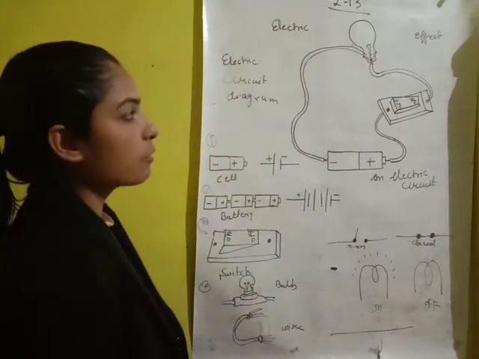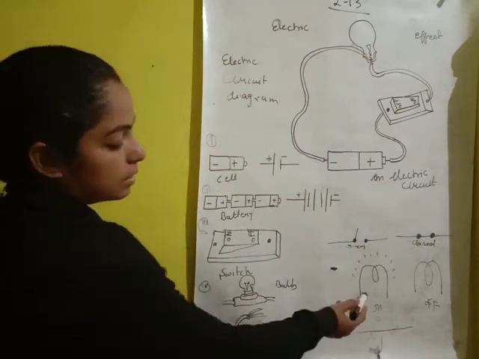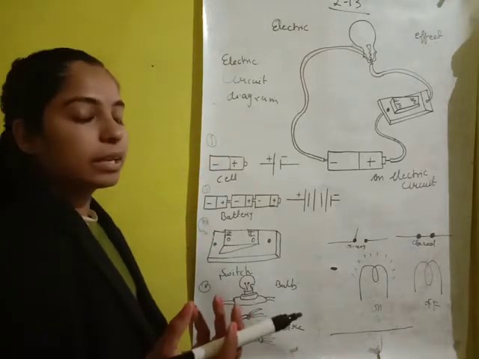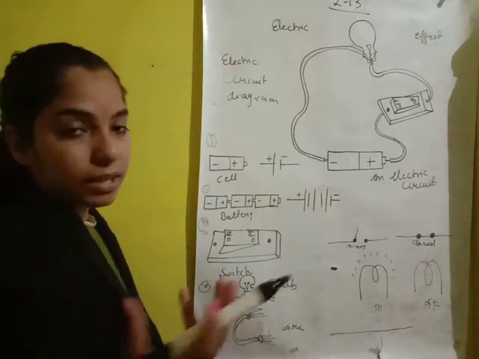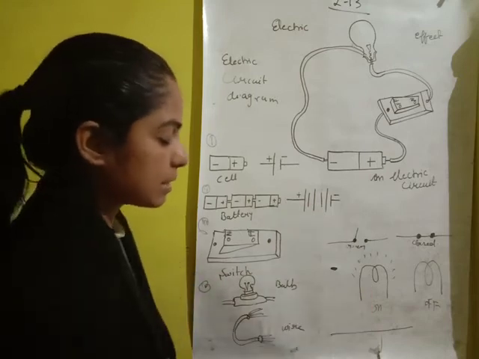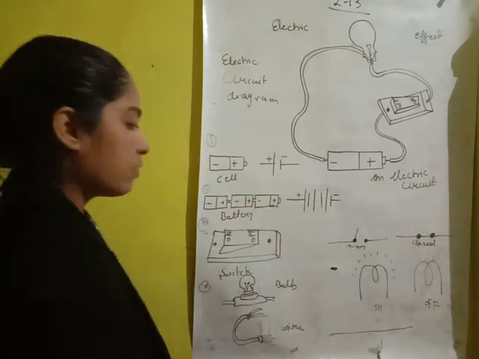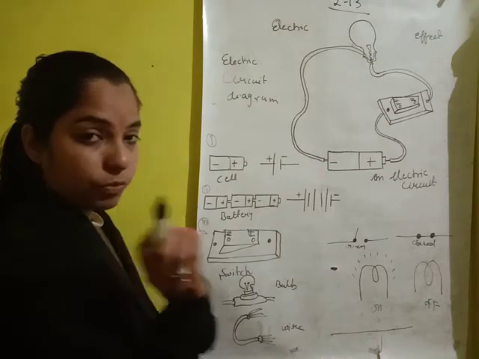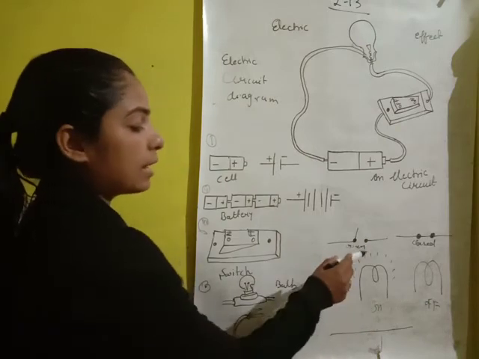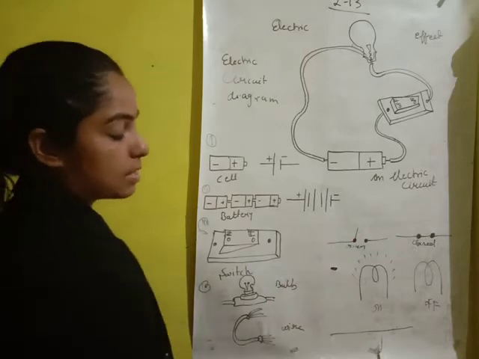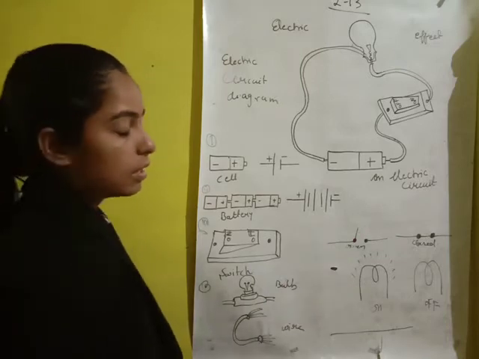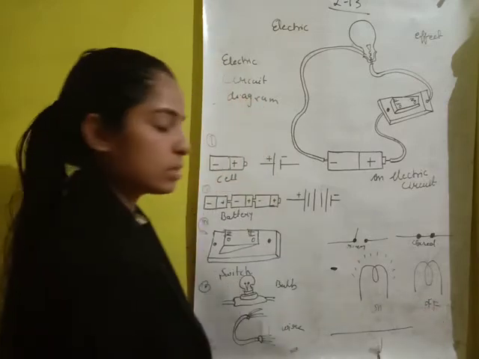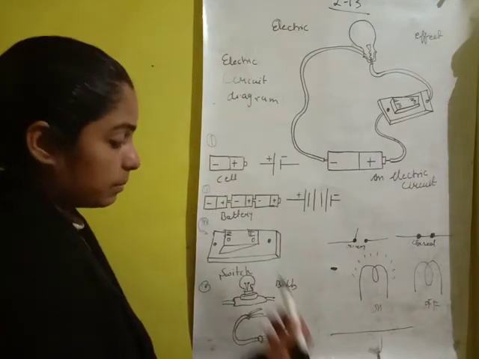When electricity is flowing, the bulb is on and you draw the diagram like this. When the circuit is open, the switch is off and the bulb is off.